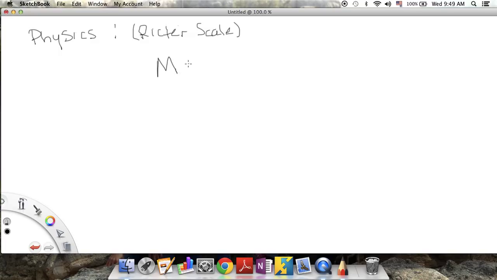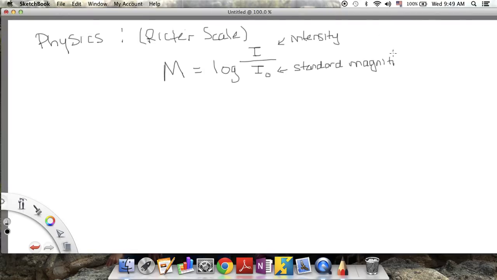So our magnitude for the earthquake is equal to the log of I over I naught. This is the intensity of the earthquake, and this is a constant. It's called the standard magnitude of minimum intensity.